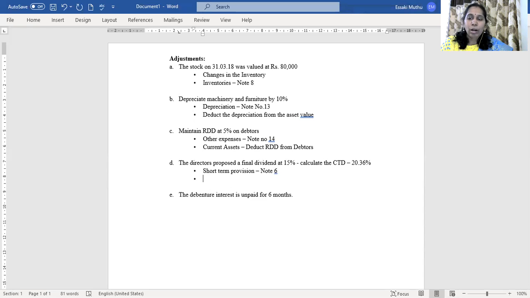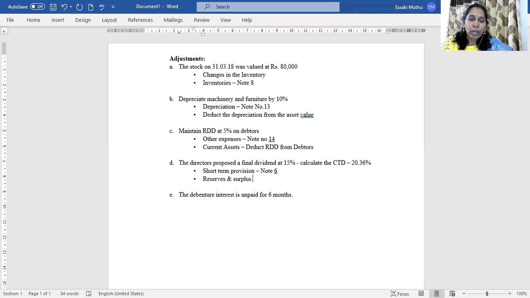Number 2, this is out of the profit you are going to give. So this amount should be deducted from the current year profit. How you are going to show? The final balance of the profit always will be shown under the category of reserves and surplus. So under reserves and surplus, you will be writing the last year profit, add current year profit.